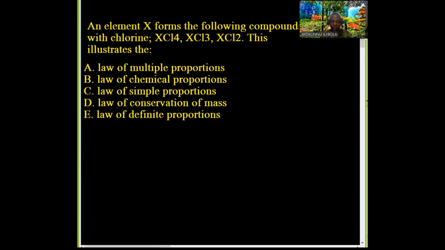Yes. And it states that if two elements A and B combine together to form more than one compound, just as in this case, compounds like HCl4, HCl3, HCl2, the various masses of the element B which combine with a fixed mass of element A, the first one is fixed, while the next one is Cl4, Cl3, they do so in a simple whole number ratio, okay?